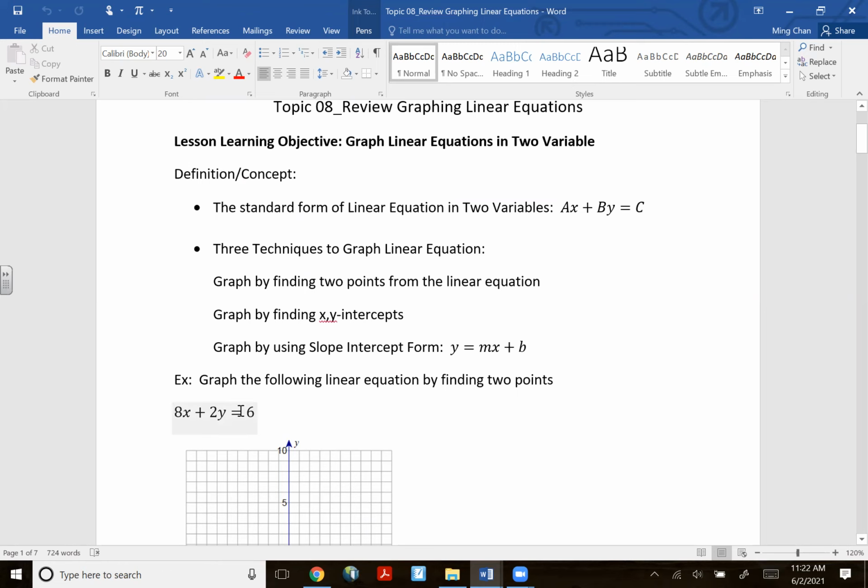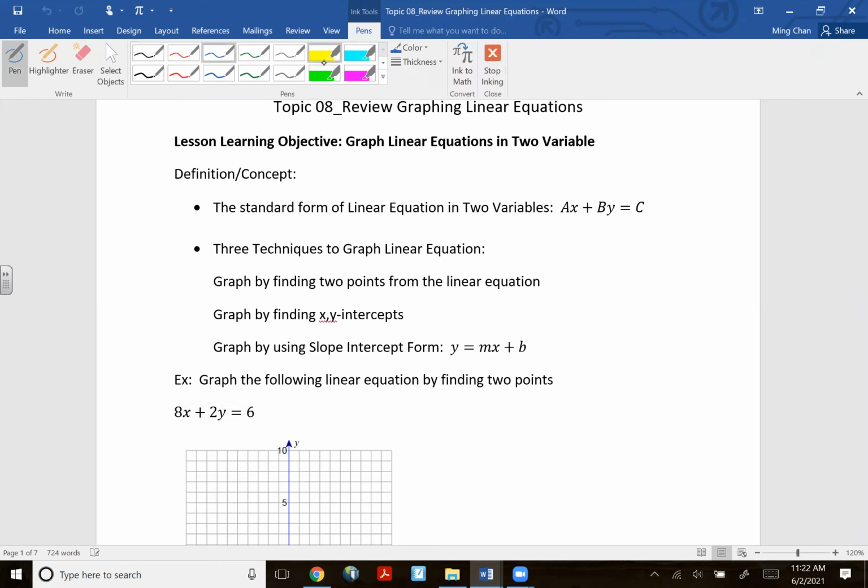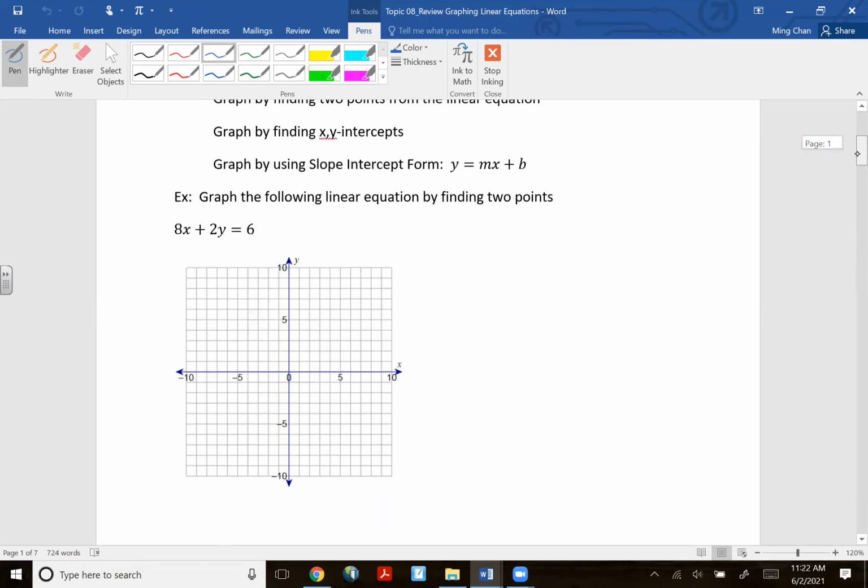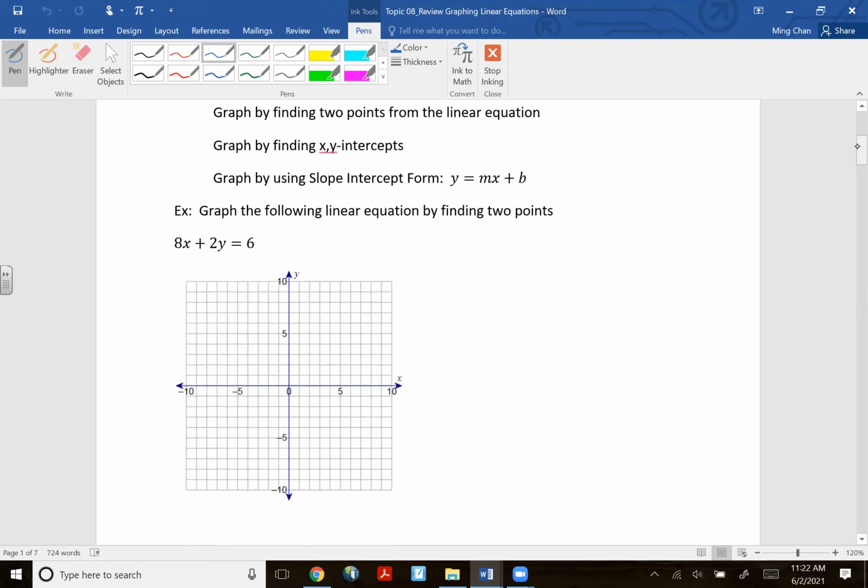Here, one of the tricky parts about finding 2 points is, what point do I pick? What number do I pick? And which variable do I pick? The answer to that is, it depends. The x and y axis that you see here is using integers. So whatever number you pick has to be between negative 10 and 10.